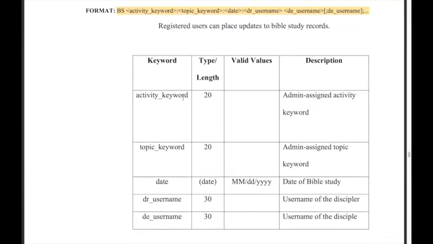Okay, the activity keyword, again, is one column in our activity table. Then the topic keyword also, and the date when that Bible study happened. DR username is the username of the discipler, and then D username is the username of the disciple.